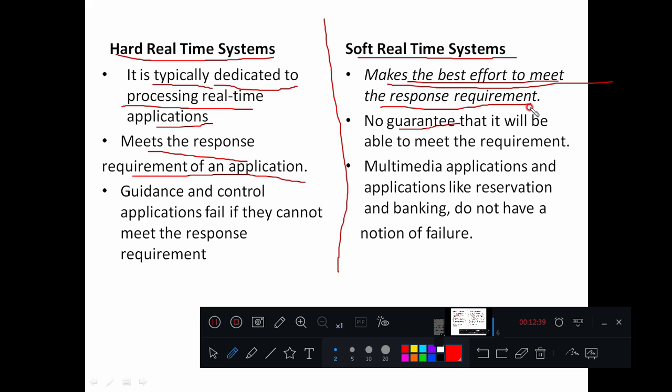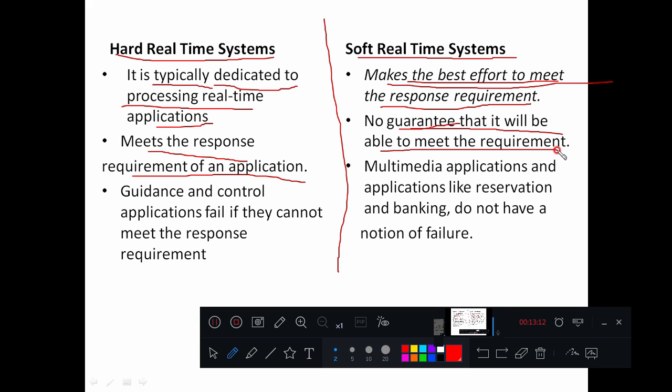Even if that response requirement is not met, the system cannot be destroyed, right? But in the case of hard real-time systems, it has to follow a strict time limit. If it doesn't meet its response requirement, then the system will fail, right? So here is the second difference: in the case of a soft real-time system, there is no guarantee that it will be able to meet the requirement.